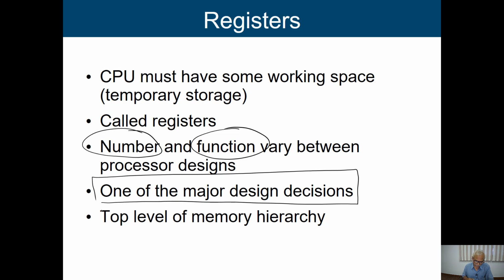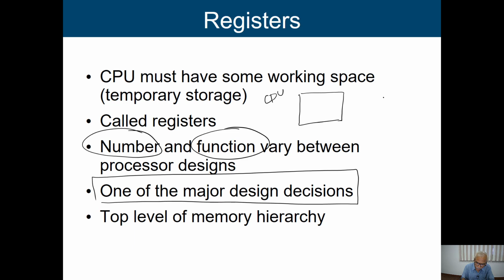Basically, this is the top level of the memory hierarchy. If we look at the storage elements in the computer system, the registers come at the top level of the memory hierarchy. Why are we saying that? It works on the von Neumann stored program principle.